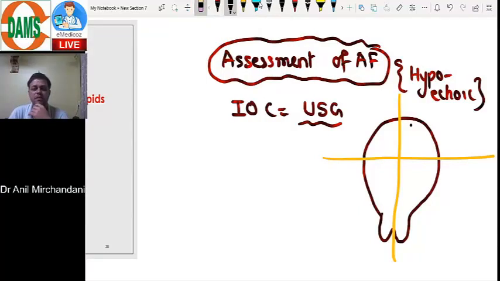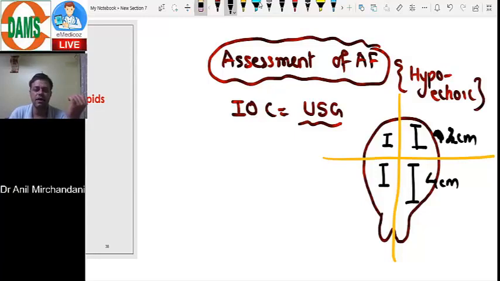I'll take the biggest pocket and I will measure the vertical diameter of that pocket. So in this case, let's say there is 2 centimeter, then 4 centimeter, then 2 centimeter, then 1 centimeter. Maximum vertical pocket, single deepest pocket, 2, 4, 2, 1.